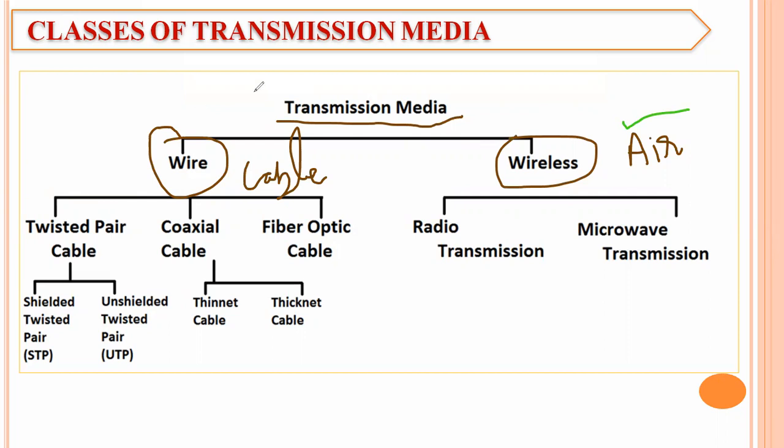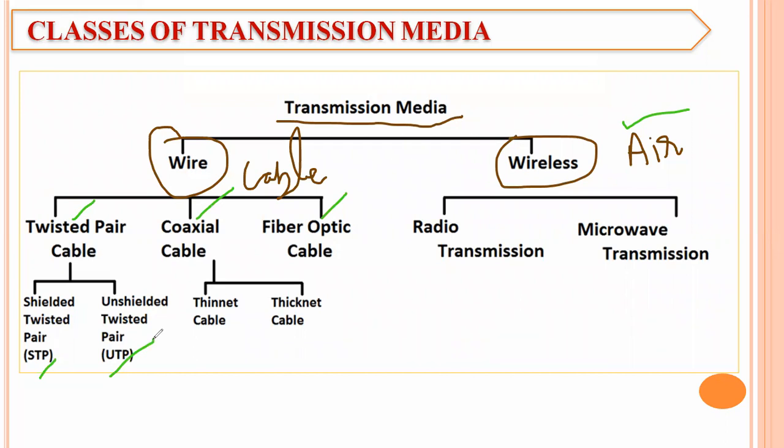The wired media is further divided into three parts: twisted pair, coaxial cable, and fiber optic cable. Twisted pair is further divided into two parts, shielded and unshielded.